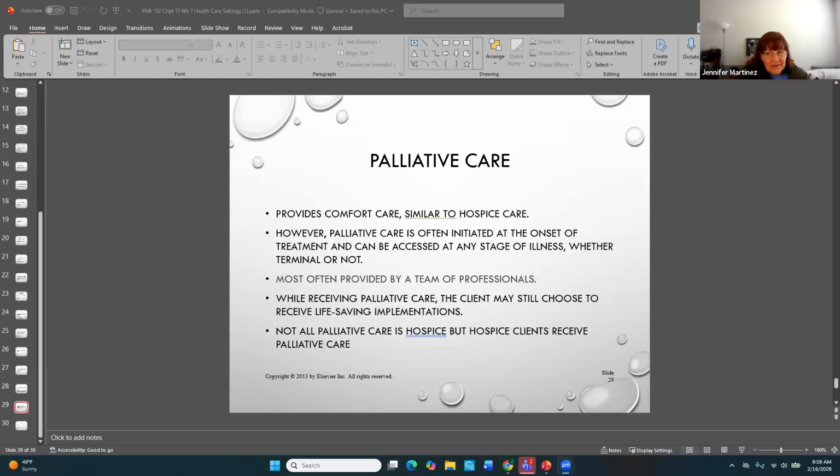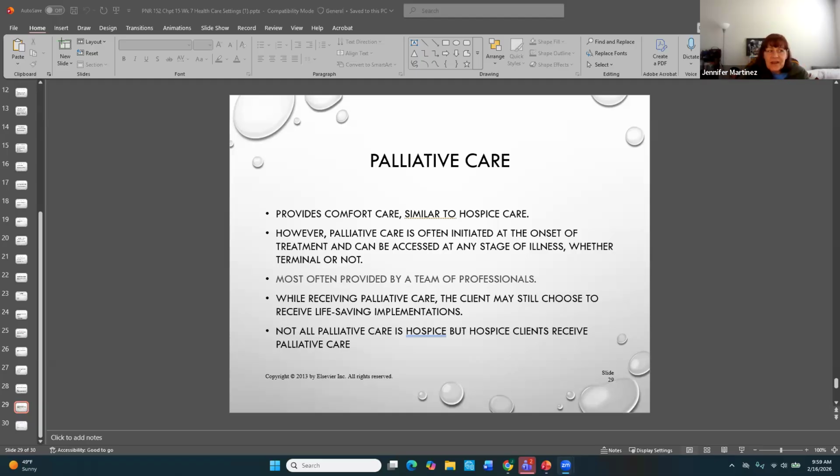And then we have palliative care. Palliative care does provide comfort care similar to hospice, but we use palliative care at the onset of treatment, and it can be accessed at any stage of illness, whether the client is terminal or not. Most often we're going to have a team of professionals.